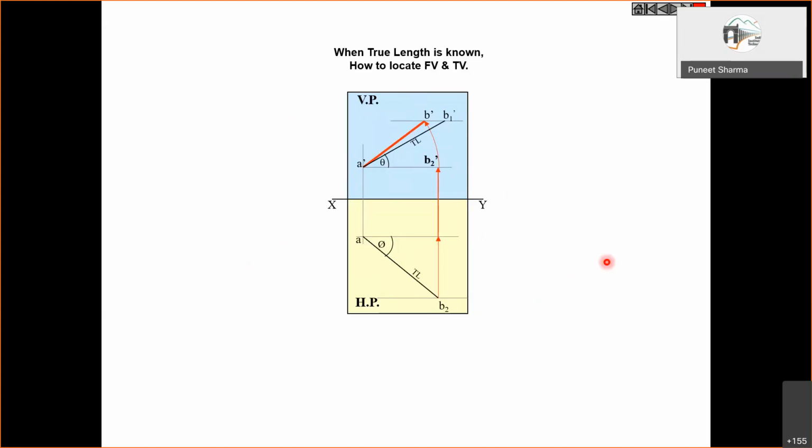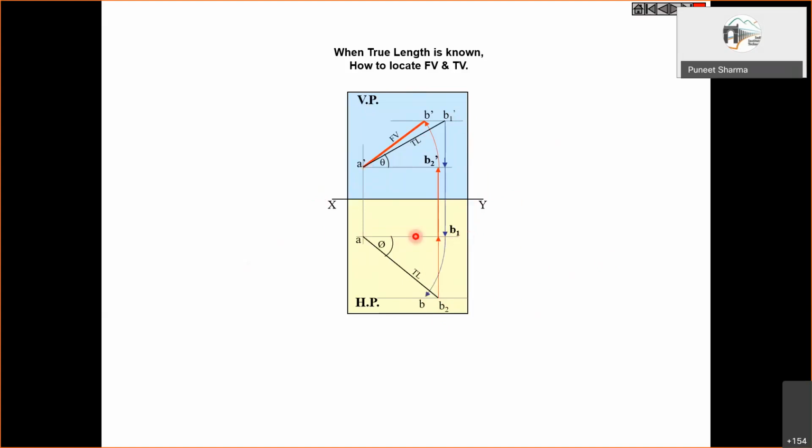And the opposite is to be done for obtaining the top view. So we got the distance of B from the XY line with this diagram. Now the length of the top view can be obtained by bringing this B1 to this level, because AB1 has to be parallel to XY. So B1 will be located over here. This represents the case when the line is parallel to the vertical plane, A dash B1 dash, and corresponding AB1 is obtained here.